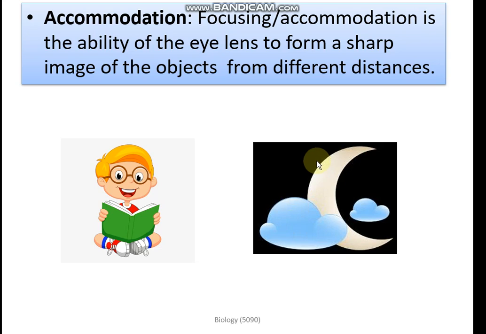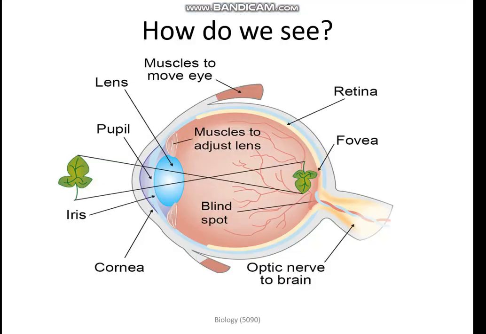Now first we will see how images form, or how we see. These are the different components of the horizontal eye view, and you are all familiar with these components. You are able to identify these components. Now we can see how these different components help us to see different objects.